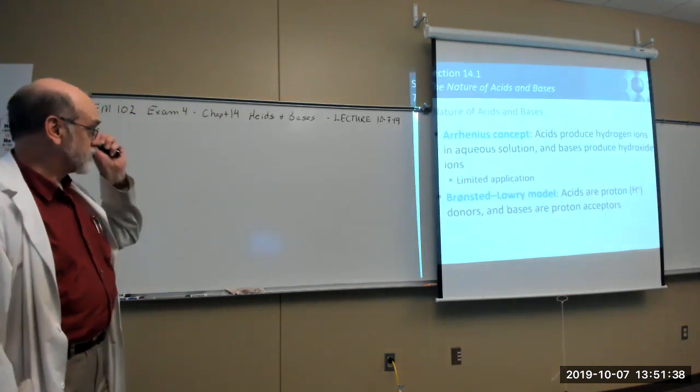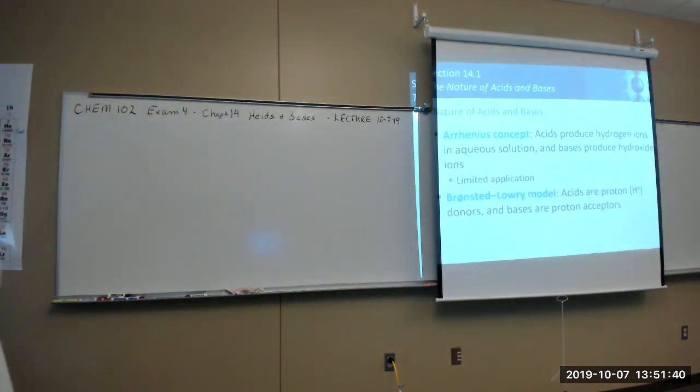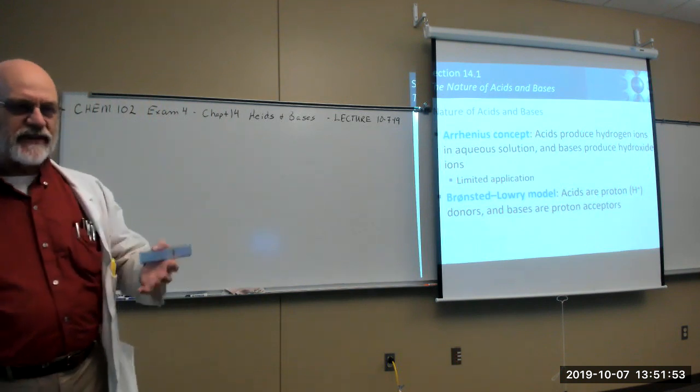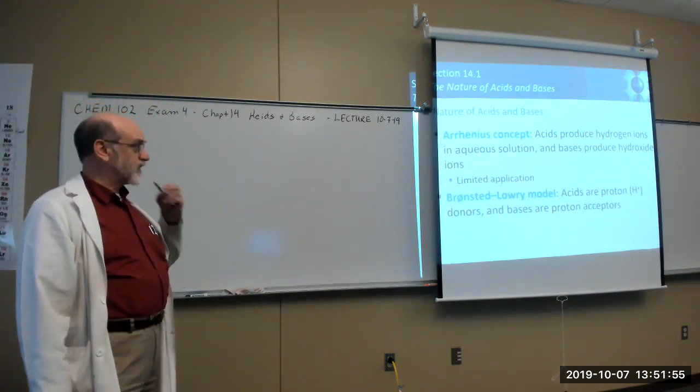Okay, acids and bases. Over the years, the concept of acid and bases have been bandied about. But the first person who tried to make some sense of acids and bases was a person by the name of Arrhenius.